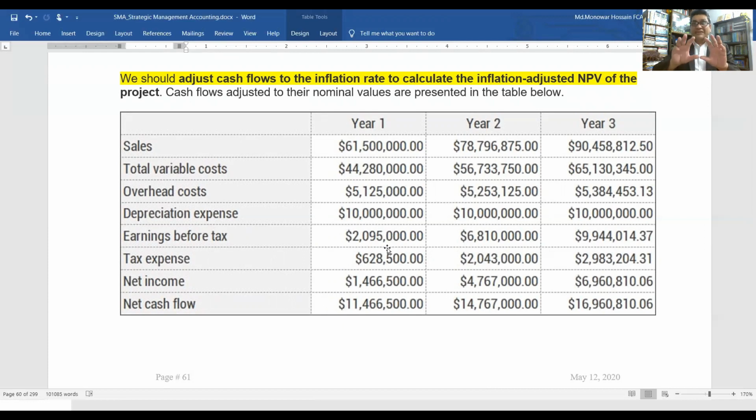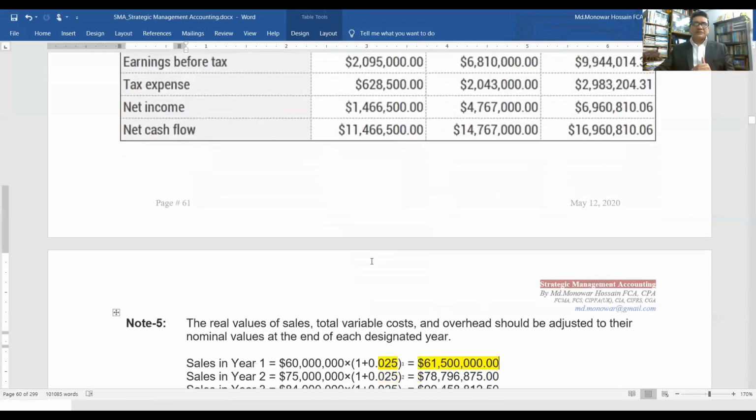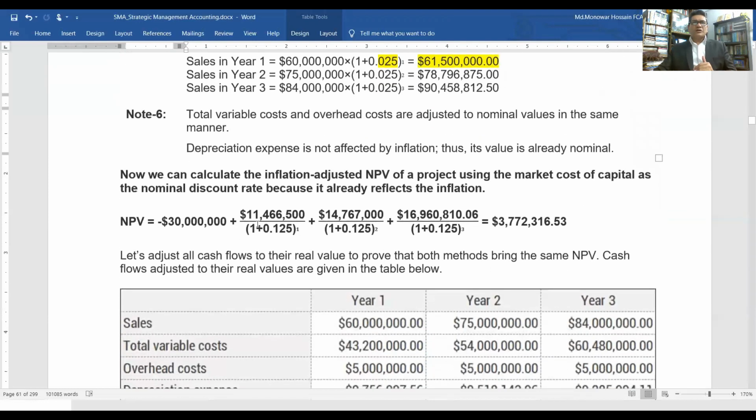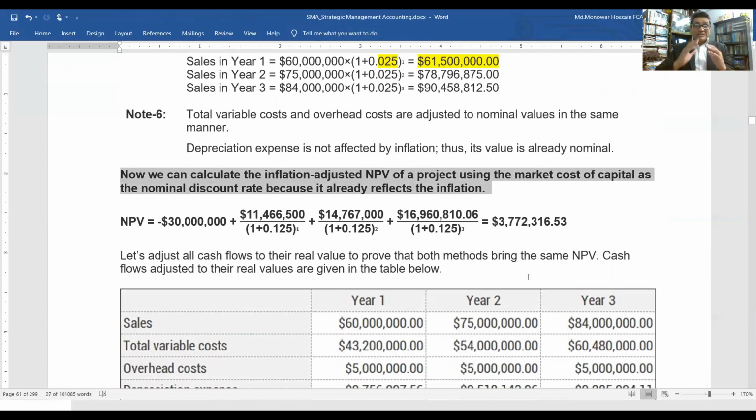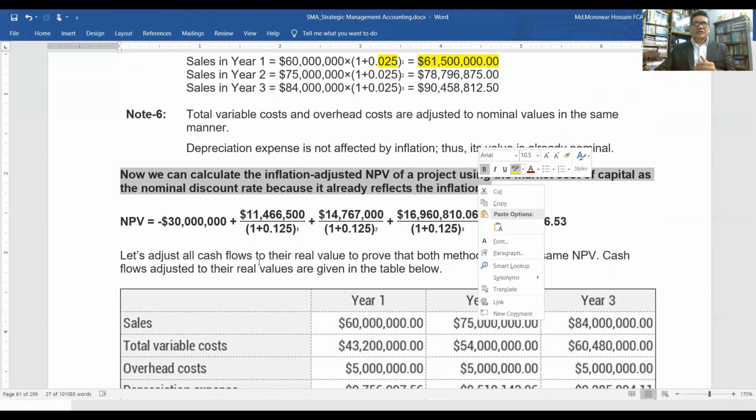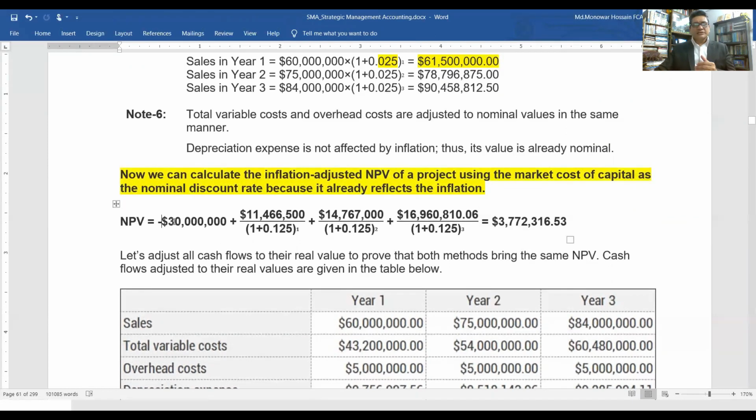So it is the inflation adjusted net cash flow. So now you can calculate the inflation adjusted NPV, using the projected market cost of capital as the nominal discount rate, because it already reflects the inflation. So for NPV, 30 lakh is the investment in the initial stage.